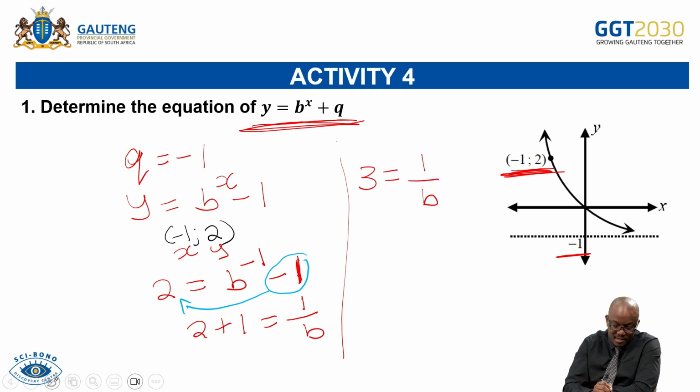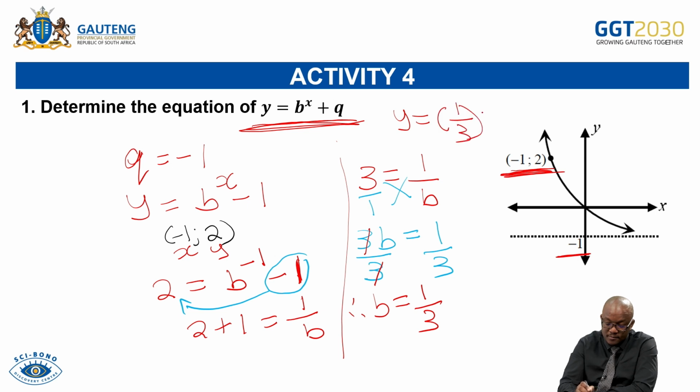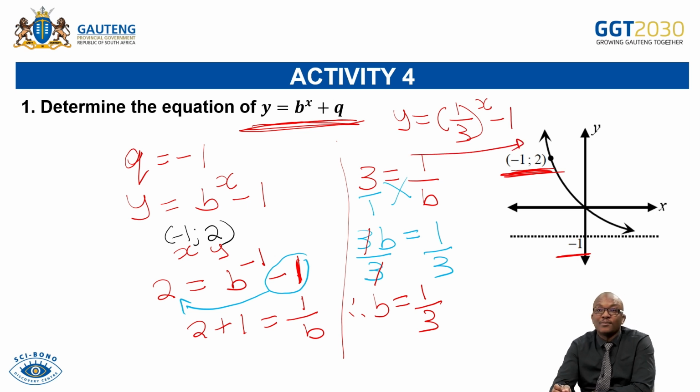We need to now make b the subject of the formula. We can divide here by 1 and cross multiply. We're going to have 3b is equal to 1 because 1 multiplied by 1 is 1. Then we divide by 3. 3 will divide 3. Therefore, b is equal to 1 over 3. That means the equation is y equals (1/3) to the exponent of x minus 1. That's how you determine your equation.